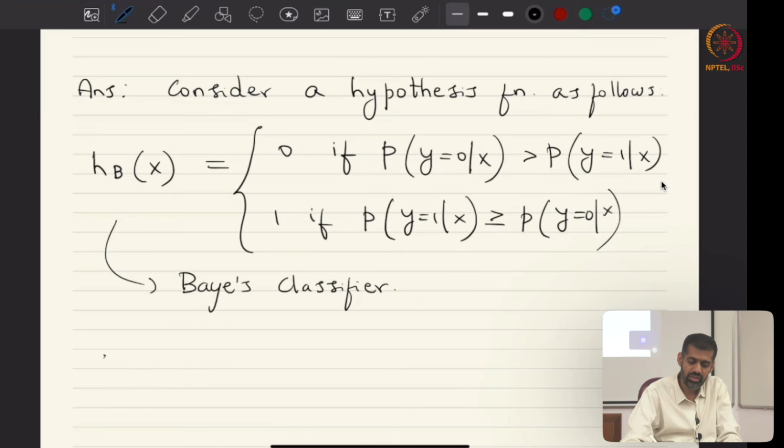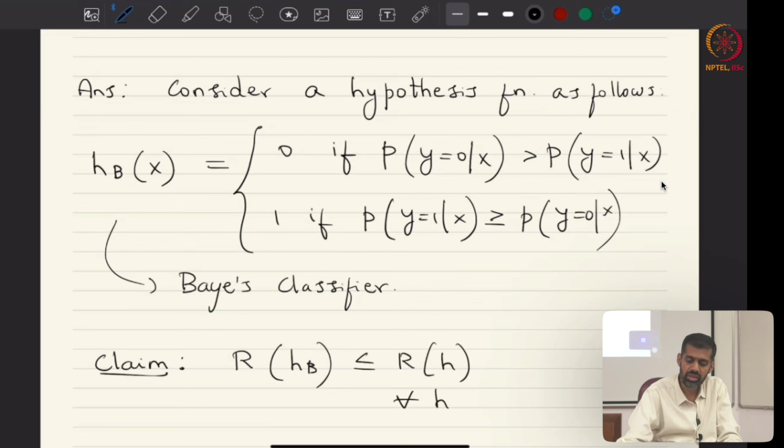The claim is that the risk associated with the Bayes classifier is always less than that of any other classifier you can consider, which means that this is the optimal classifier. If you are solving a binary classification problem, then you cannot do better than the Bayes classifier in terms of minimizing the risk.